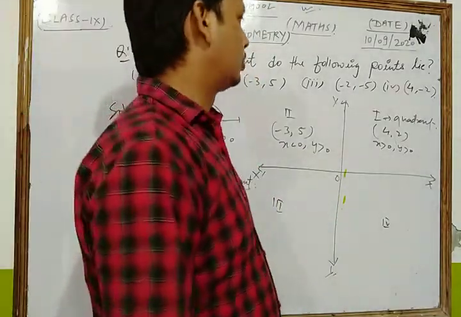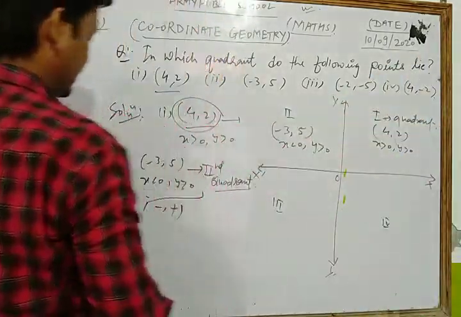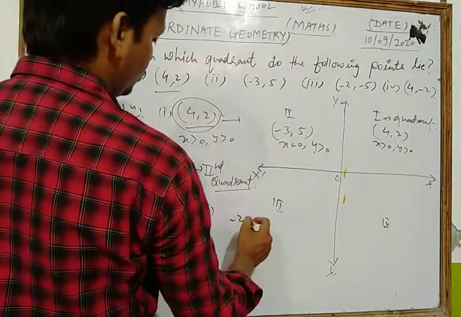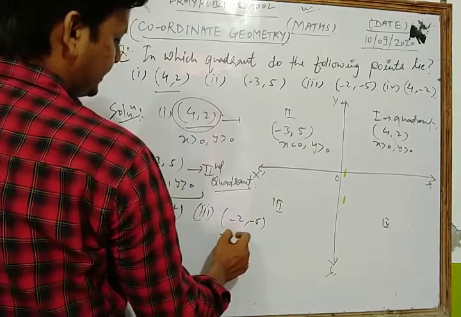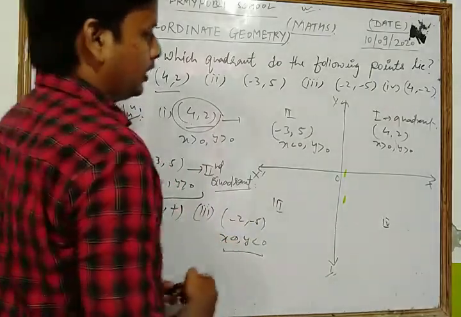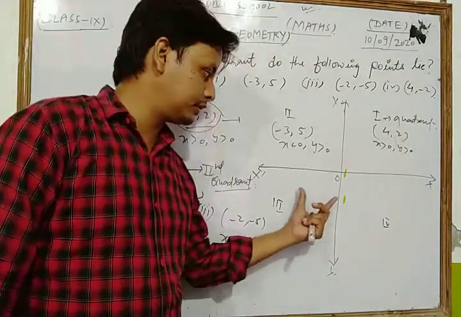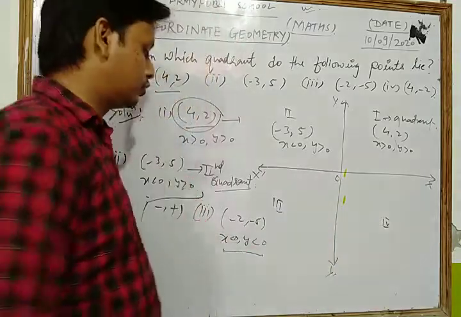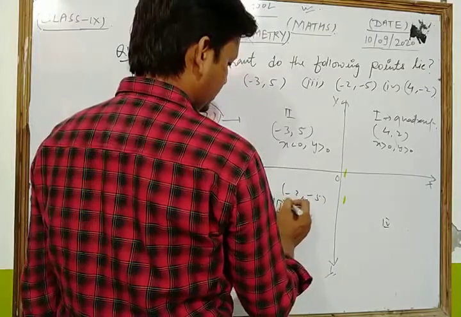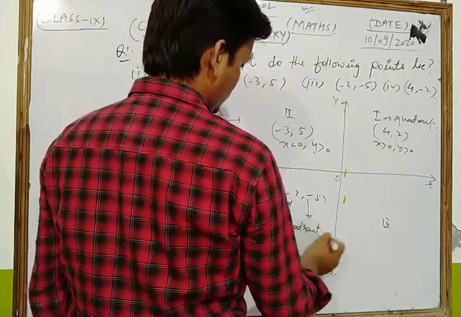Now look, dear student, we discuss the third point. Let's see. Your third point is -2, -5. Here both the abscissa and ordinate are less than 0. We know that in the third quadrant both the abscissa and ordinate are negative, so the point -2, -5 lies in the third quadrant.